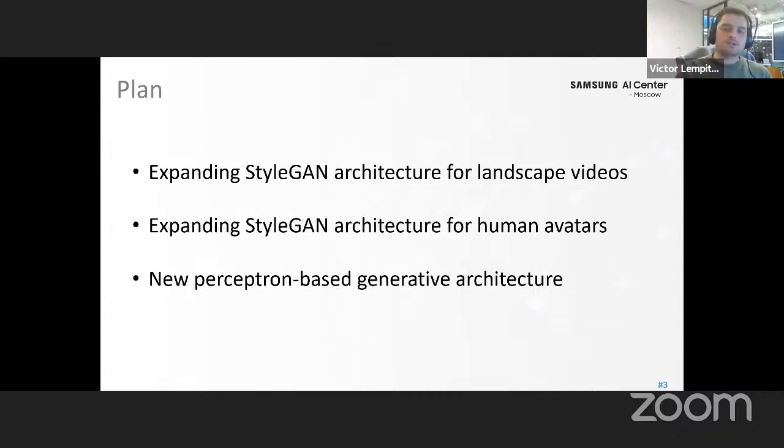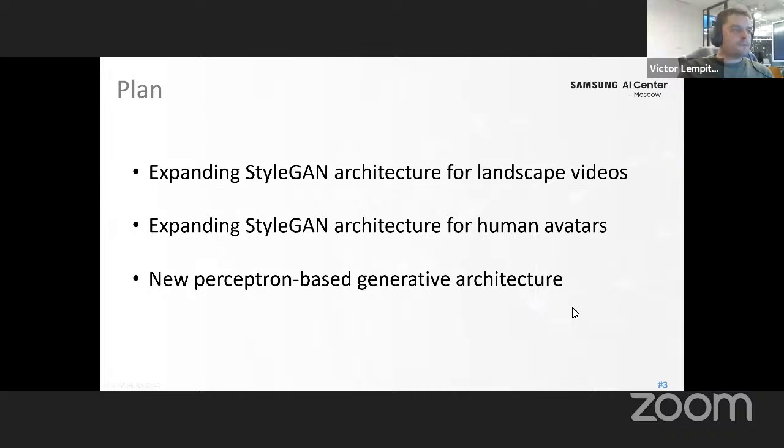The two extensions are about different things, but they will be very similar in spirit, as you will see, though there will be some interesting differences. The third part of the talk will be about building an alternative generative model that combines the ideas of StyleGAN with the deep non-convolutional architectures explored recently for modeling 3D scenes like NeRF or 2D images like SIREN.